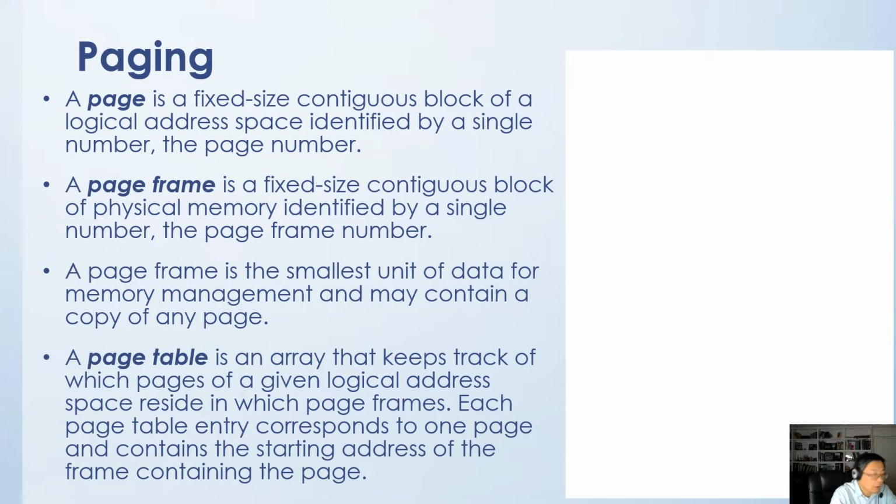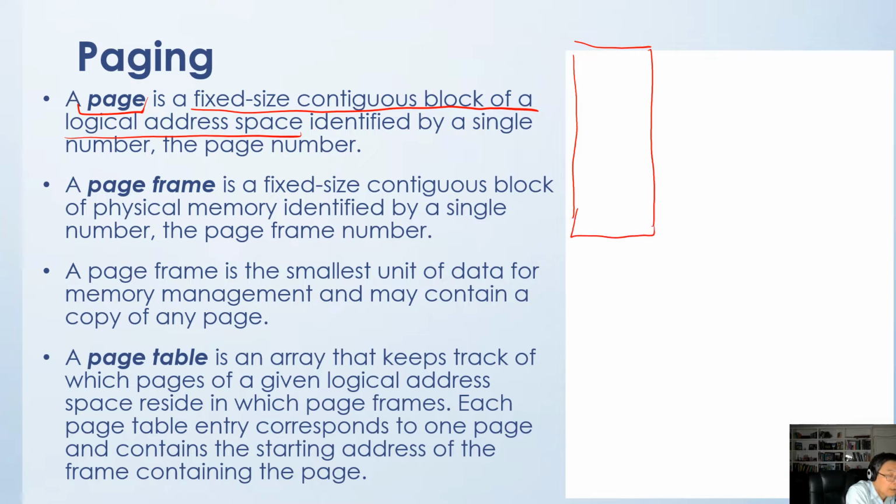Let's first talk about some of the terminology used in paging. First, a page is a fixed-size contiguous block of logical address space. Suppose I have a logical address space here, with logical addresses 0, 1, 2, and all the way to n minus 1.